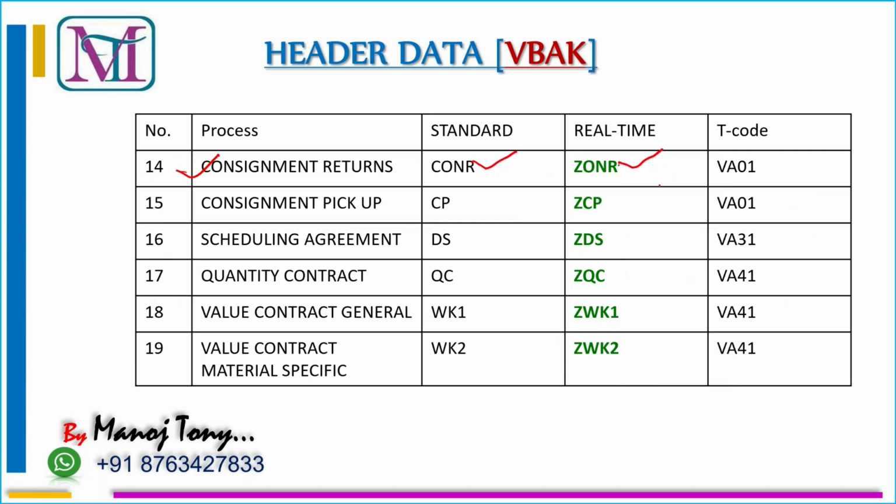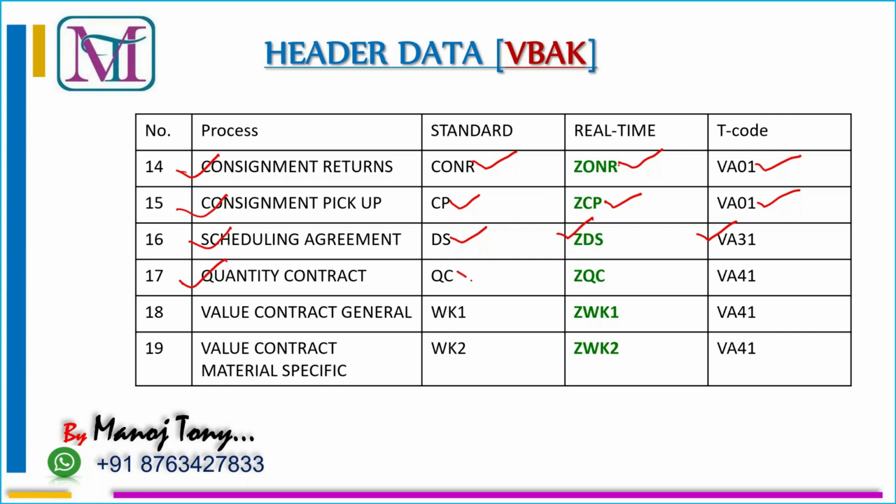We have to create ZCONR. This is a new sales document type, transaction code VA01. Consignment pick-up, standard is CP. You can create ZCP, transaction code VA01. Scheduling agreement, standard is DS. We will create ZDS. The transaction code to execute scheduling agreement is VA31.